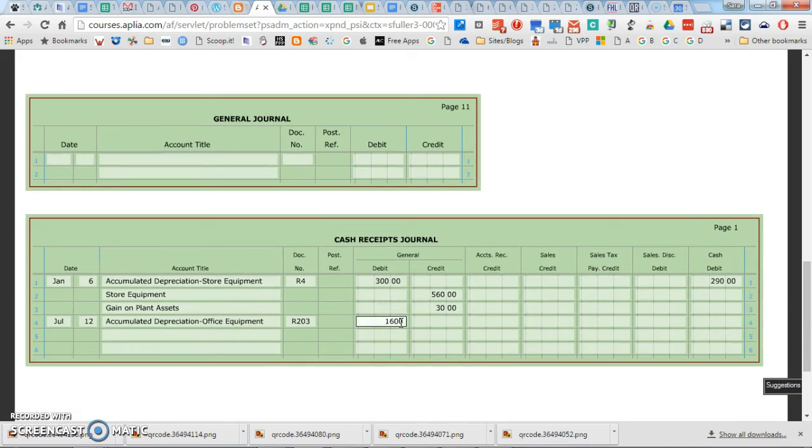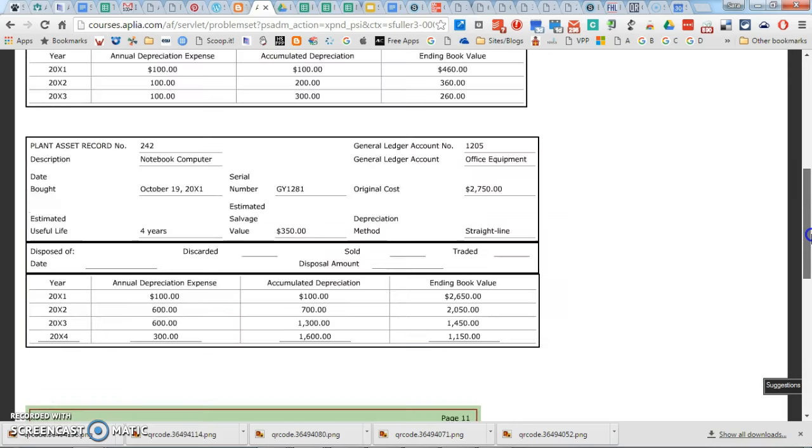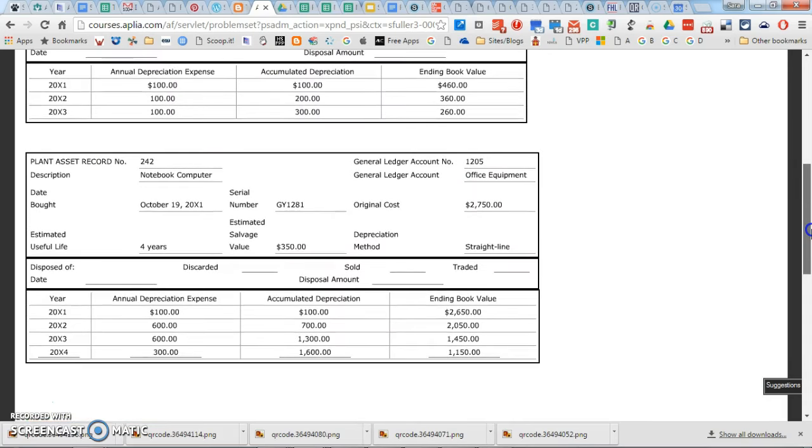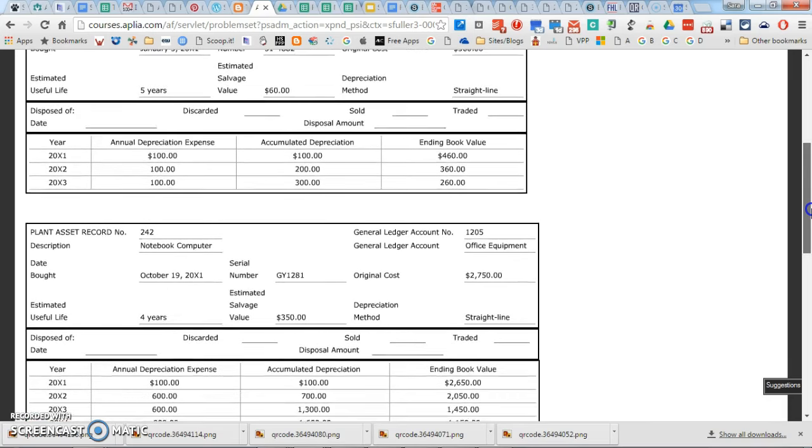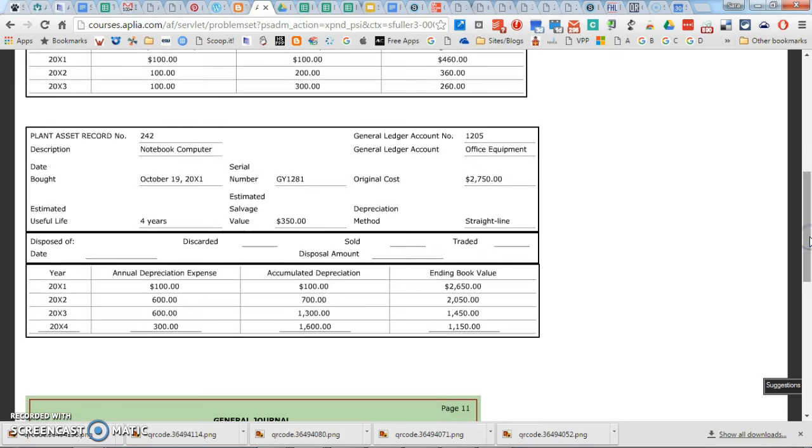Okay, then we next need to determine if we will have a gain or a loss. And so we sold it for $800. And we are therefore going to have a loss of $350.